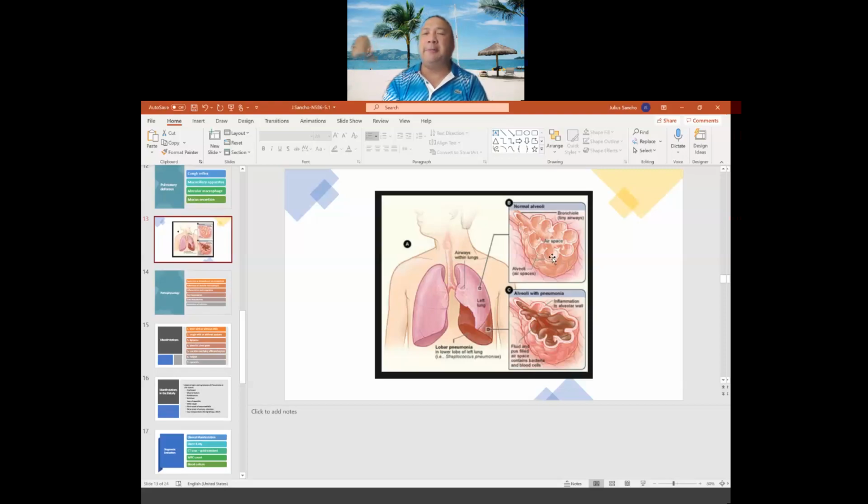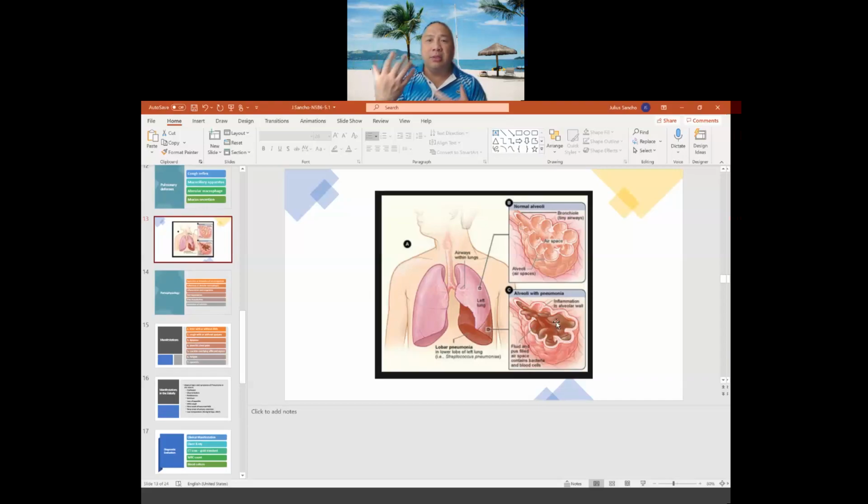So in the event of pneumonia, because of the presence of bacteria and the pulmonary defenses being overwhelmed, there's a destruction of the cells in the alveoli. Then it could result in an increase of fluid in the alveoli, which compromises the exchange of oxygen and carbon dioxide.